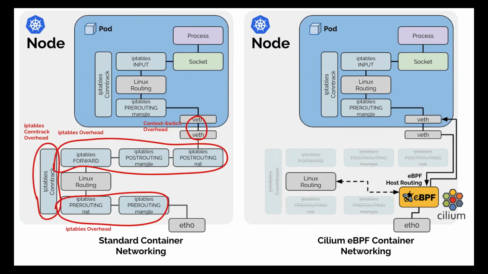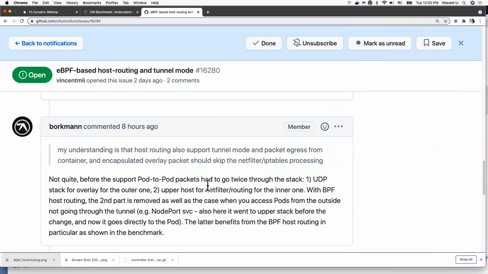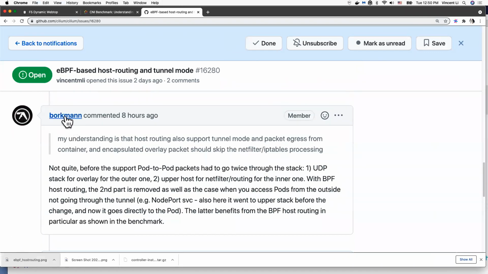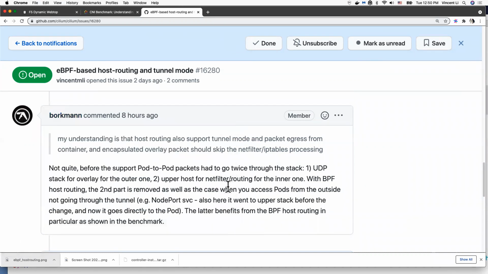To clarify that, I asked Daniel Borkmann, the author of BPF and core maintainer of BPF in the kernel. He clarified that the UDP stack for overlay, the VXLAN packet, is still processed in the host namespace.